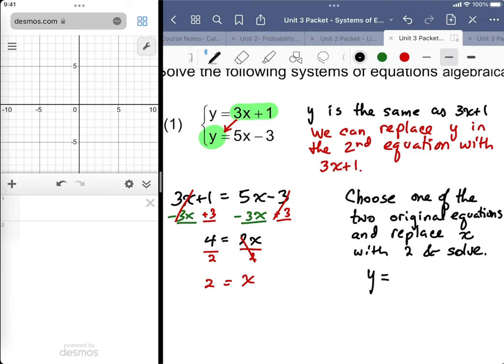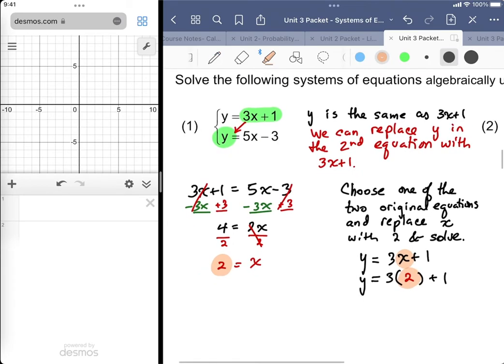So y equals 3x plus 1. I'm going to replace the x with a 2, and then I'm going to solve. 3 times 2 is 6, plus 1 is 7.